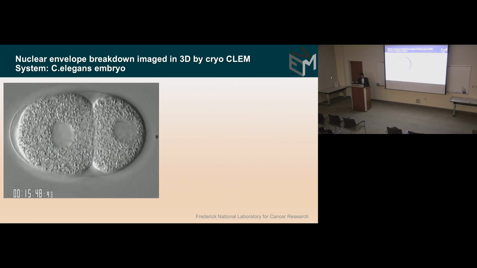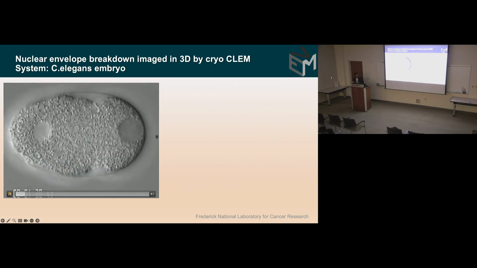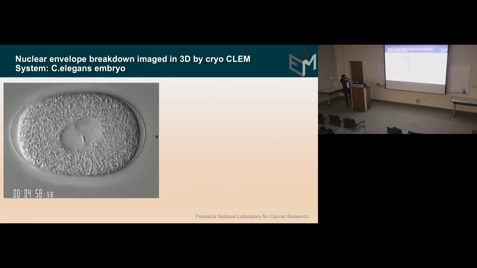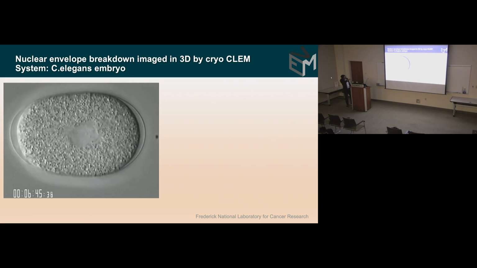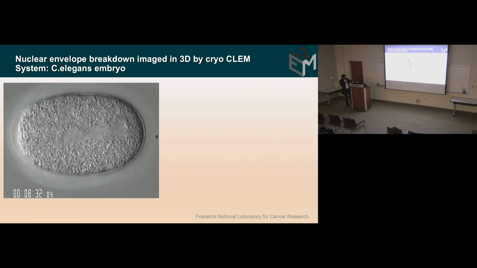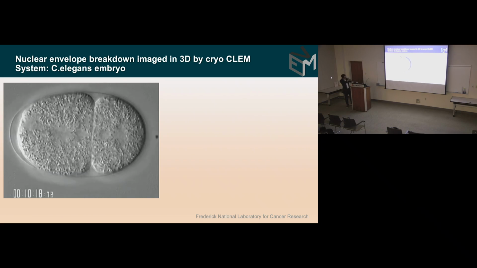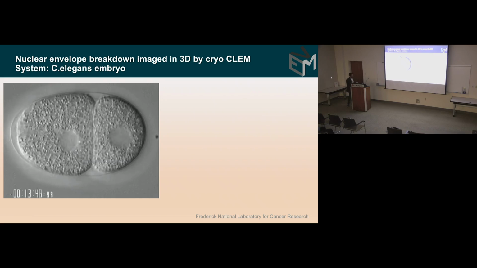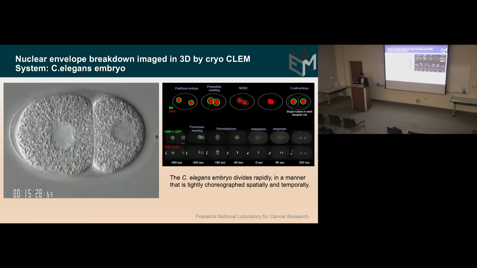I'll play that again: the maternal and the paternal pronuclei, they're right here, they contain all the DNA, they come together, boom, the nuclear membrane dissolves, and once it dissolves, the DNA then gets separated out into the two daughter cells.